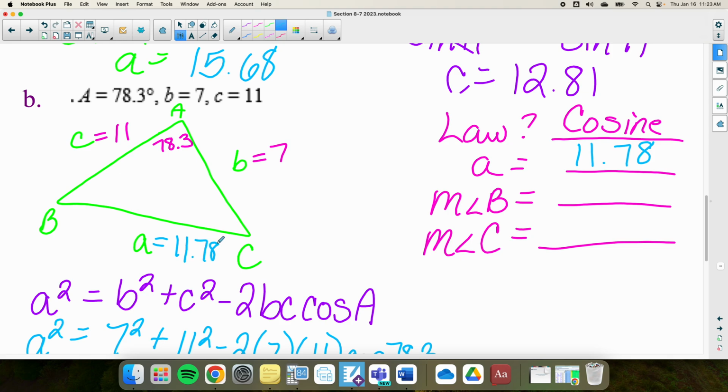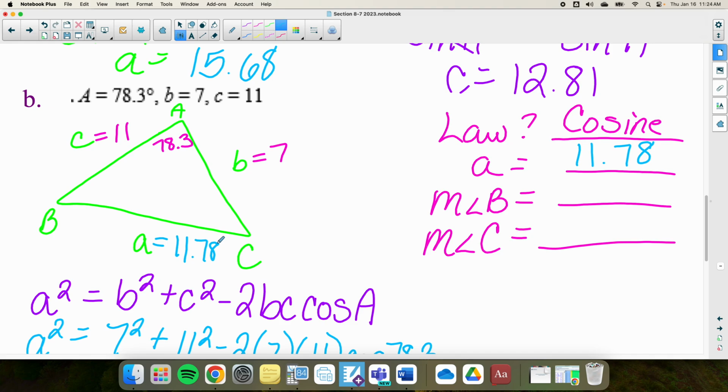Now, we have to find one of the angles. And this is where you have to remember, if you're doing cosines, you have to follow the steps for it. We're finding the last two angles. Which one do I have to find first? B, because it is smaller. B is across from 7, C is across from 11.